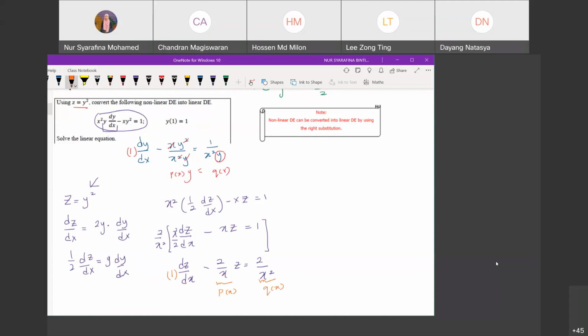So you can see that this is linear already, where p x equals negative 2 over x, q x equals 2 over x squared. Okay, clear now? You got question?